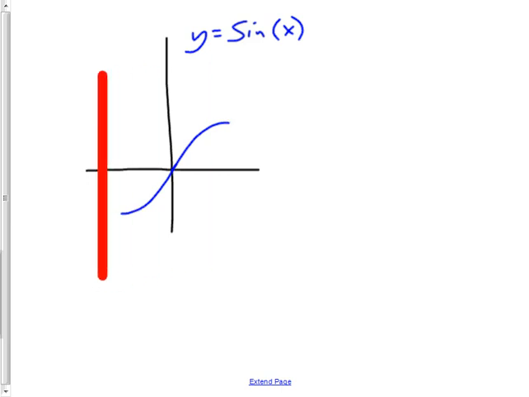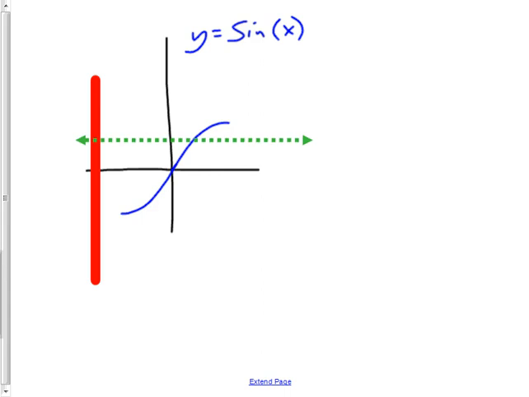It passes that version, and it also passes the horizontal line test. In case you forgot the horizontal line test, which this would have failed when it had this tail on it going like this, see, it would have touched twice. So we have to narrow this down to only the part of sine that can have an inverse.